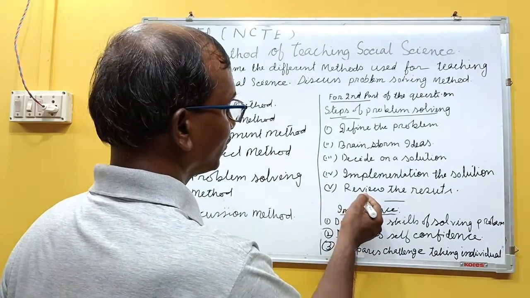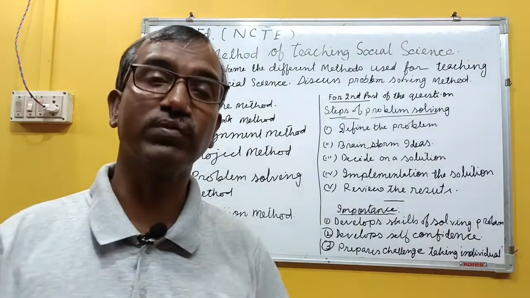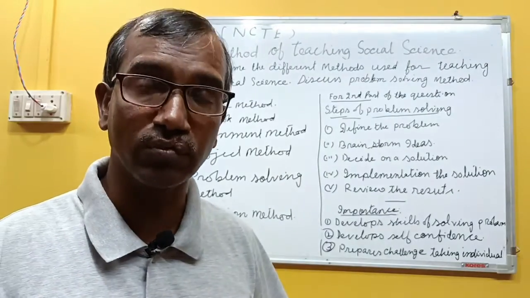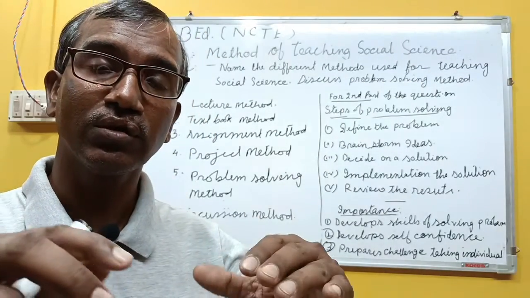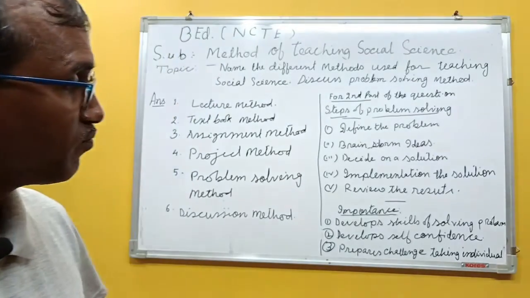And finally, we must review the result, whether we have solved the problem or whether the children were unable to solve the problem, whether the children really went into the problem.